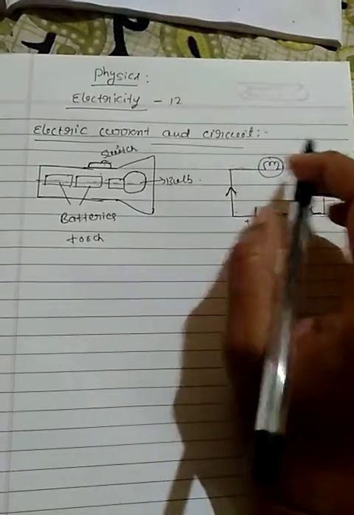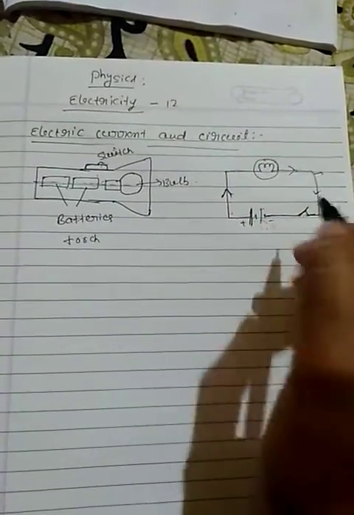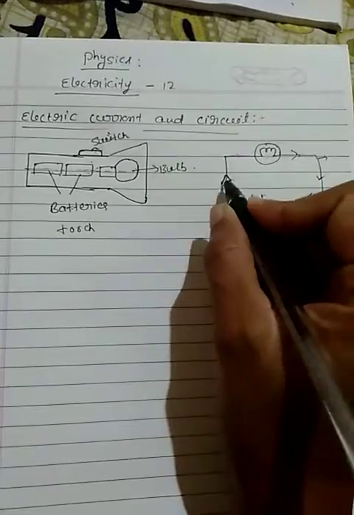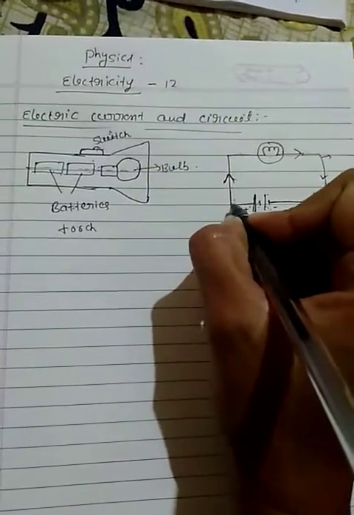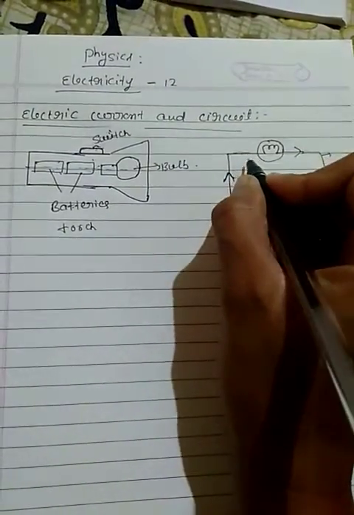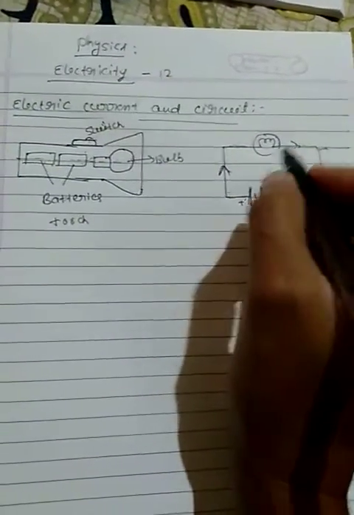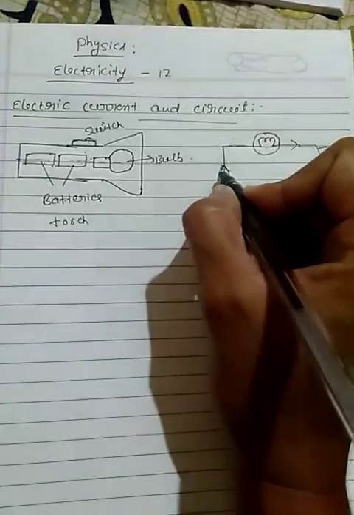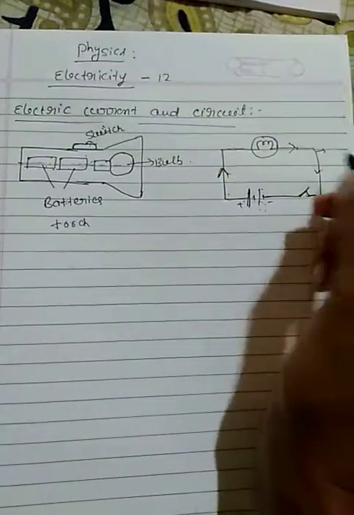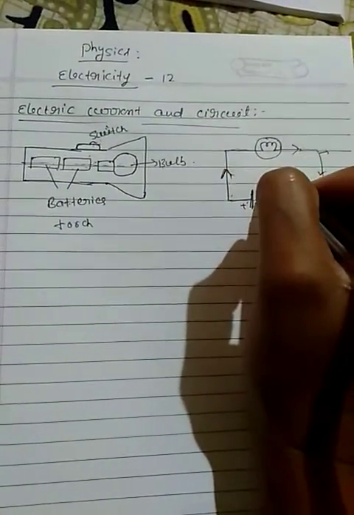The bulb will not glow, the bulb will be off. That means the batteries provide electric charges, and those electric charges flow through this circuit. This line represents the wire. The electric charges flow through this metallic wire and the bulb will glow.